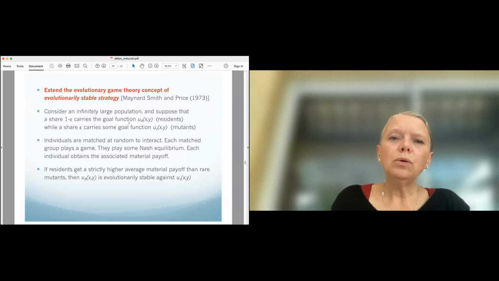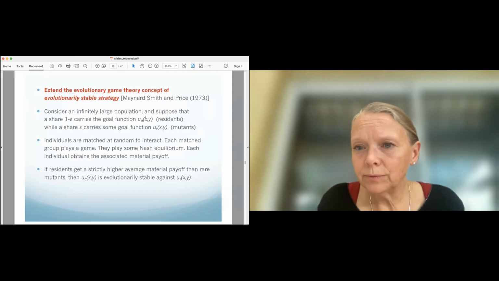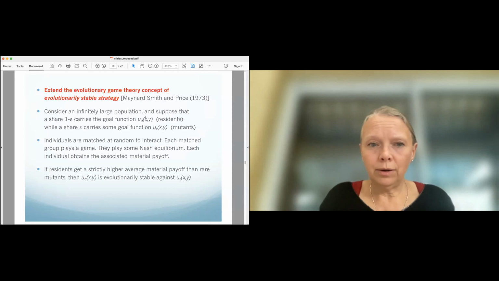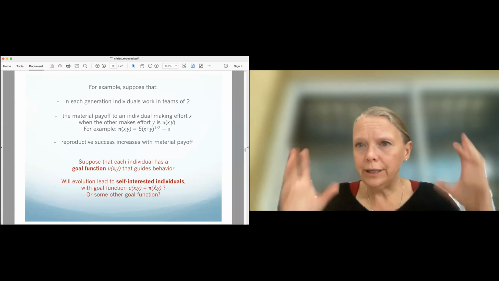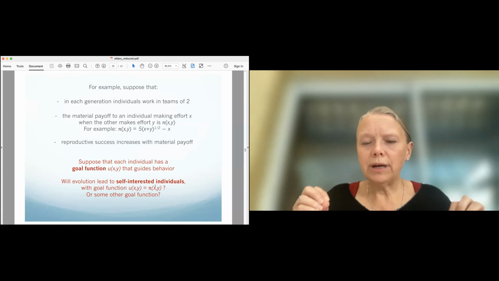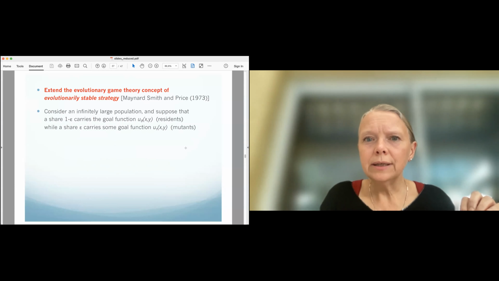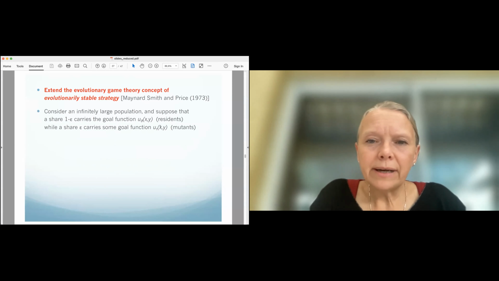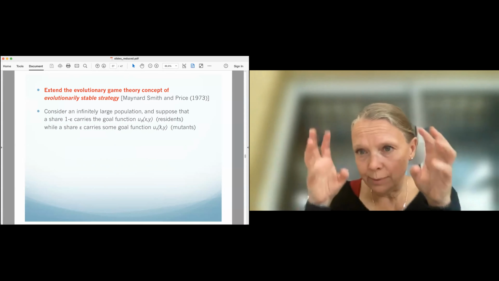Okay, so for example, it could be that the residents are Homo economicus, right? So suppose that actually the residents, each such individual chooses a strategy that maximizes own material payoff. And suppose that the mutants, perhaps they have a utility function which consists in maximizing the sum of the material payoffs in the pair, right?